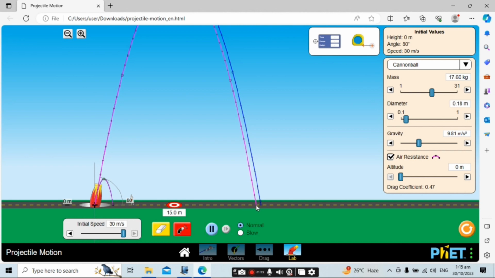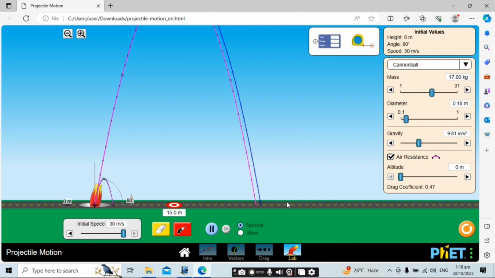Okay? Ay, merong difference. Parang ganun din dito sa mahina, kaya lang hindi halos makita kasi nga, limited. Okay? So, meaning to say, the greater the initial speed, the greater will be the range. Diba? That's what we can conclude from this activity.